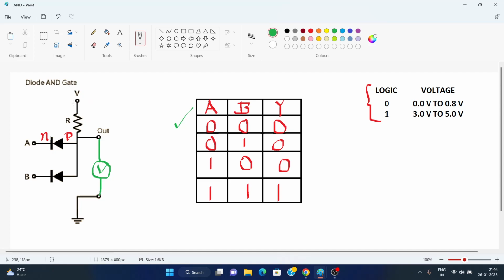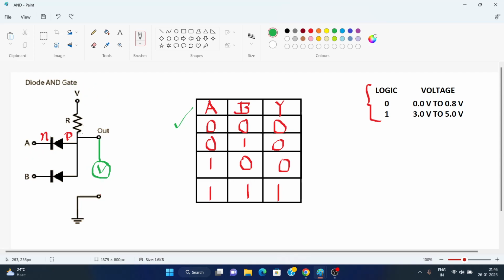This terminal is connected to the battery, which is like 5 volts, and these two can be alternatively connected to either ground or battery to give it a high or low voltage, 0 or 1 logic state.